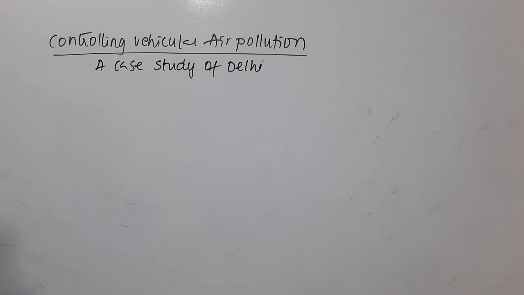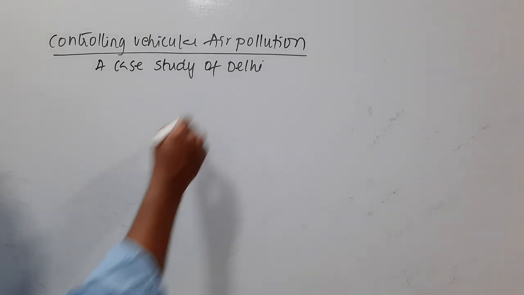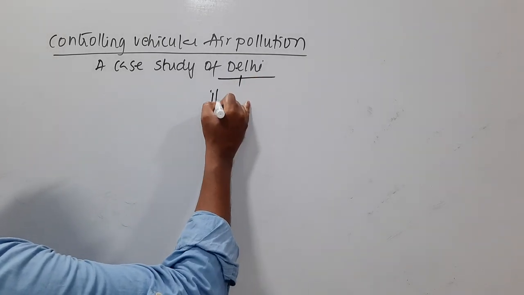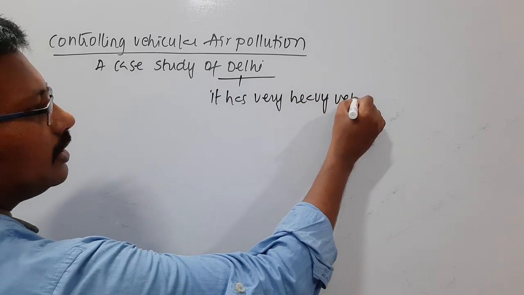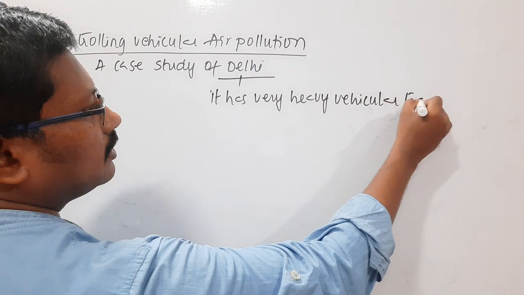We know that Delhi is the capital of India, and India is a very big country. And being the capital of this big country, it has a large number of vehicles. It has so many vehicles that if you put Gujarat and West Bengal together, all the vehicles in these two states combined are present in Delhi itself. So it indicates that it has very heavy vehicular traffic.